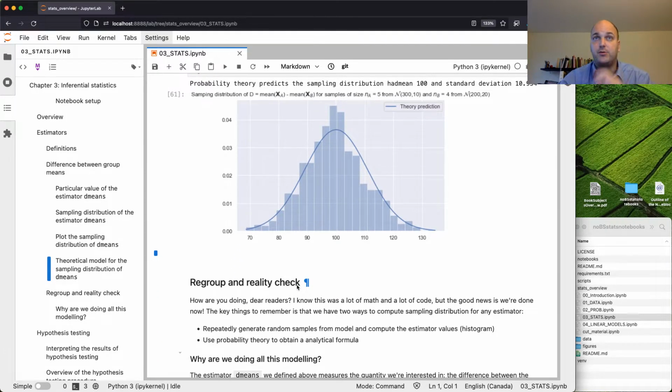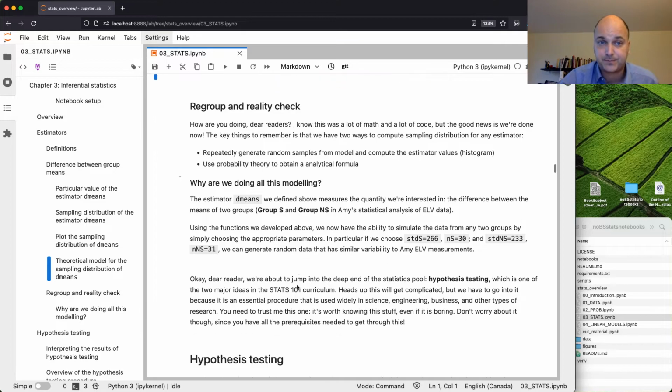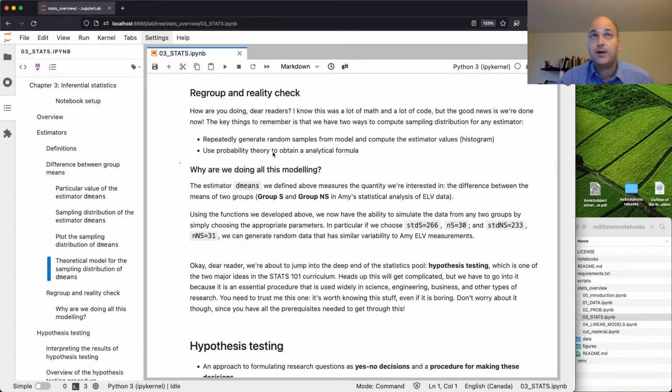Okay, so what does this mean? This means that we have an understanding of the estimator. All of this was preparing for Amy's statistical analysis. We have group S, group NS, and we want to know the simulation. We want to know the math.